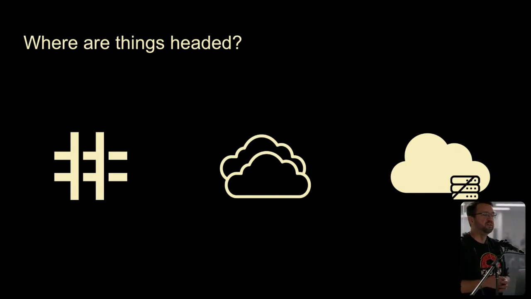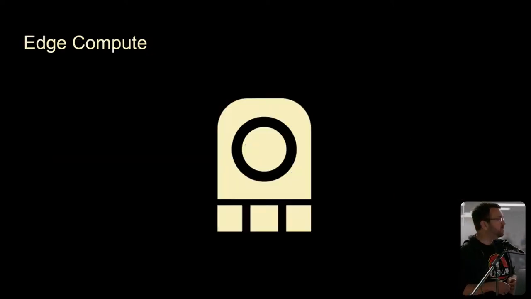I think in the last year or 2, the term edge compute has started to come in. And edge, you can think of it as a sort of extension of serverless, but even more serverless.